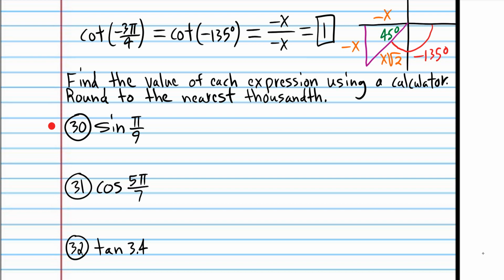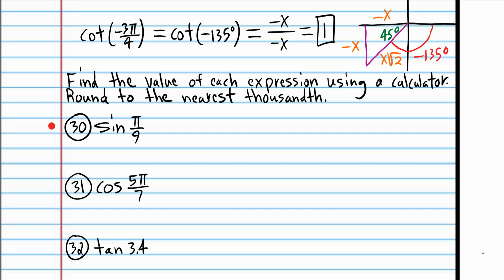So as you can see here, we have angle measures that they don't look familiar. So we're going to have to use the calculator. But there's a big problem. Our calculators are not set in Radian mode. So if you have a TI-84 Plus Texas Instruments calculator, I'm going to show you how to do that right now. And I'll also show you how to do it on an iPhone.